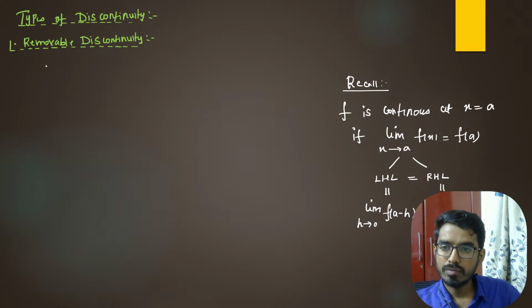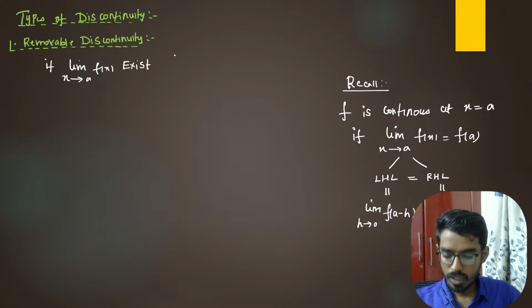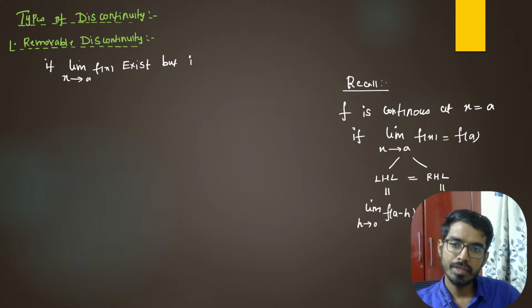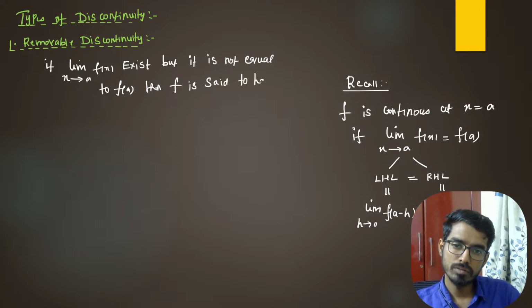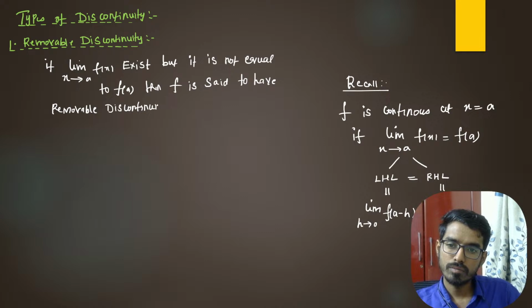If the limit as x tends to A of f of x exists, f of A exists, but it is not equal to f of A, then f is said to have removable discontinuity at x equal to a.